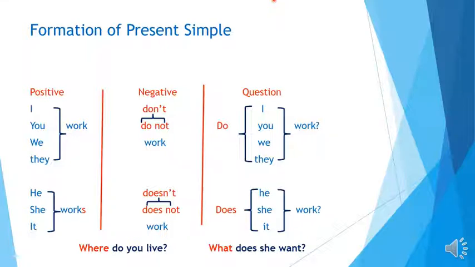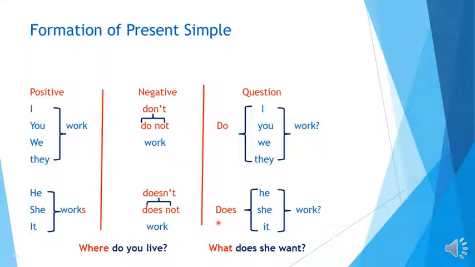And another important thing that you should know here, we can use question words like where, what, when, how. When you use these question words when making questions in simple present, remember, first you have to start with that question word, and then you have to use do or does. Say for example, where do you live? Where do you live? Do comes here after the question word.